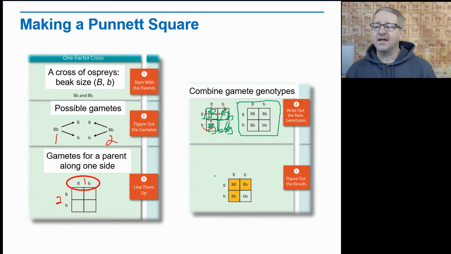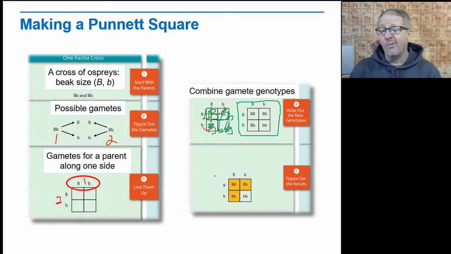So if the dominant allele is present, then the dominant allele will show up in the phenotype. 3 out of 4 chance, right? There's 4 possibilities. 3 out of 4 times you're probably going to get the dominant phenotype because you can either get a homozygous dominant or a heterozygous. Both of those result in a dominant phenotype being expressed.